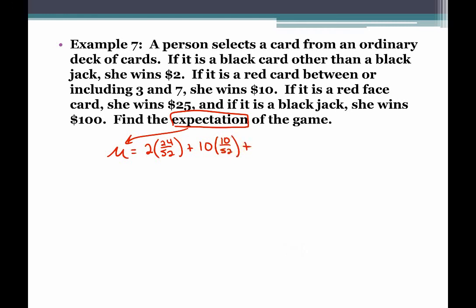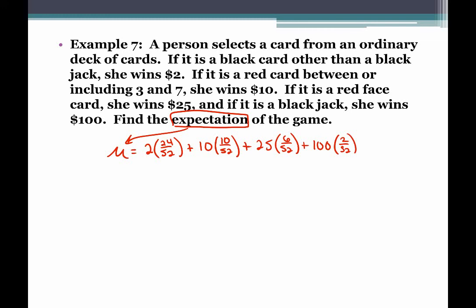Next possible outcome, 25. Red face cards. There's Jack, Queen, King of hearts, Jack, Queen, King of diamonds, so 6. And last but not least, we can win $100. How many blackjacks are in our deck? 2 of them.